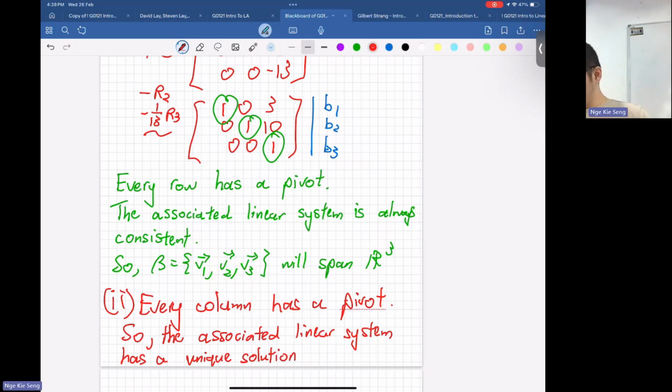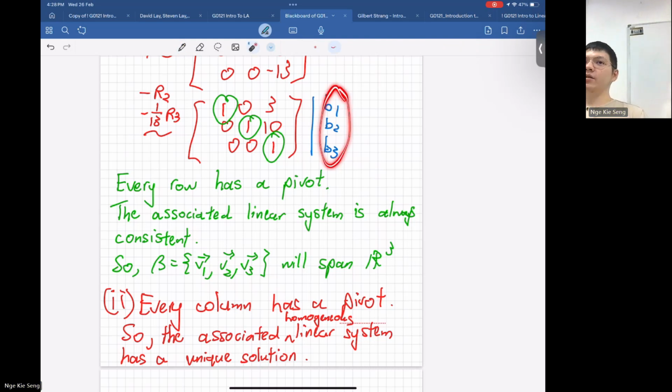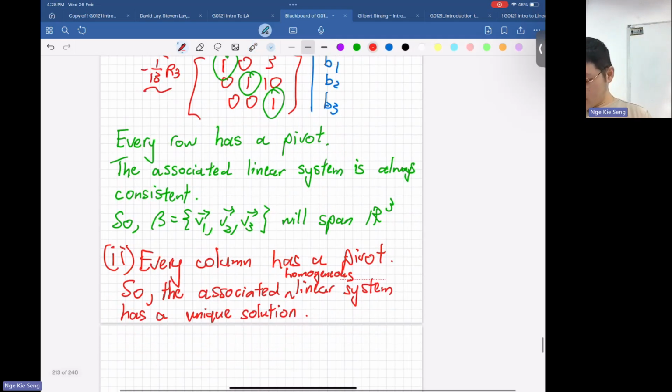The associated linear system you're interested in is actually the homogeneous one. Homogeneous is when all the B1, B2, B3 are 0. It has a unique solution, hence beta is linearly independent.